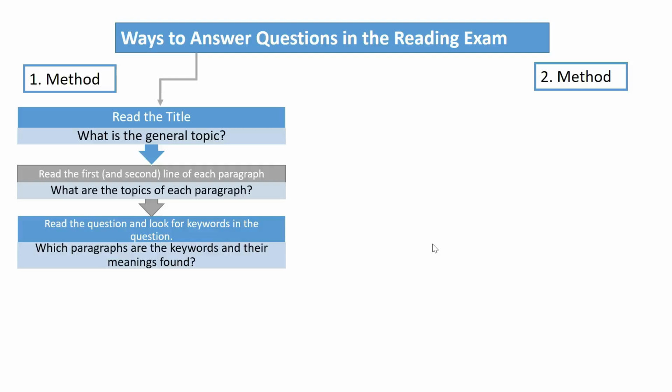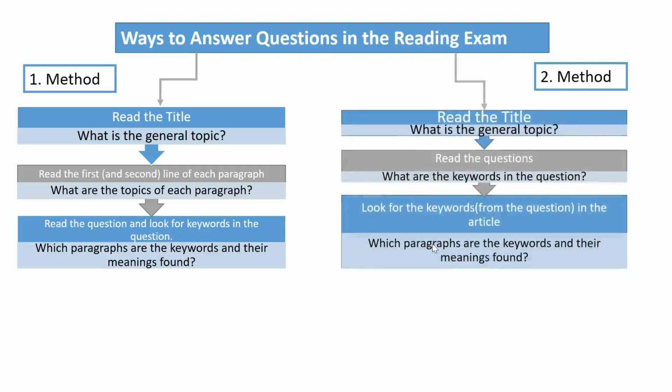So if you have 10 different paragraphs, you'll find out the topic for each paragraph in general. And then after that, you read the question in the exams and look for keywords in the question. So each question will have keywords. And then you go to the paragraphs and identify which paragraph has those keywords in the question.